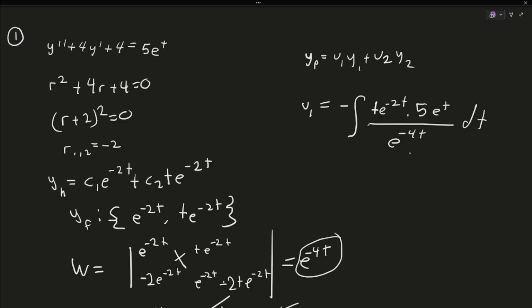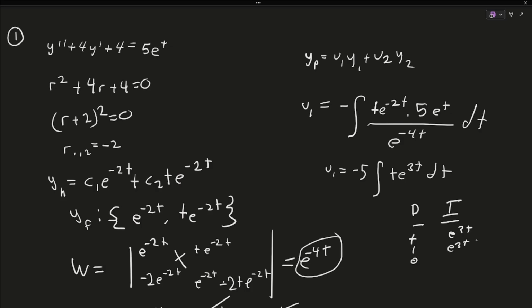If we go ahead and solve this integral, I want to simplify this first, so we will have -5 integral of, this e to the minus 4t can come up as e to the 4t to the top, so we will have t e to the 3t dt. And we can use integration by parts to solve this. I will use the DI method, you can use the UV method as well.